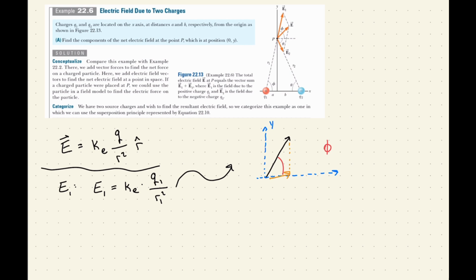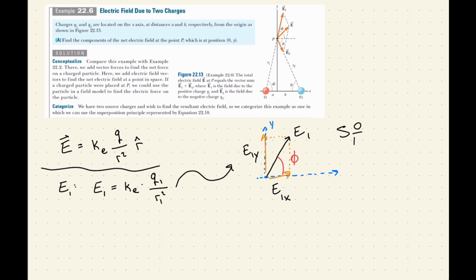So we have this component here and this component here. Remember that this actually is E1. Let's call these E1x and E1y. And then of course we have here phi.